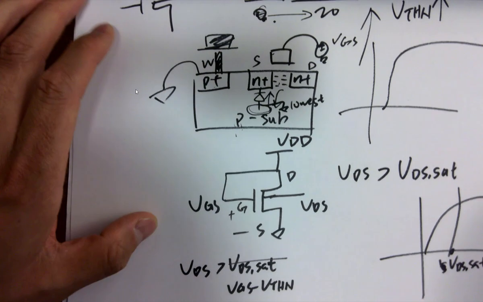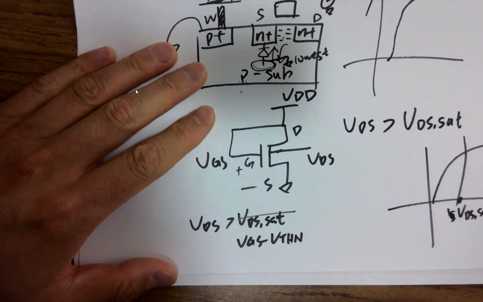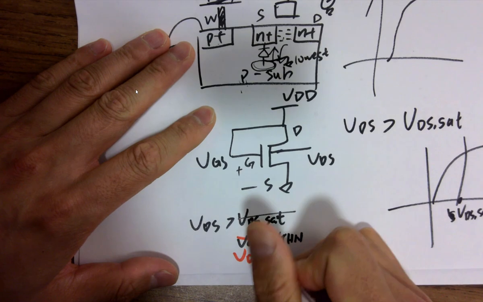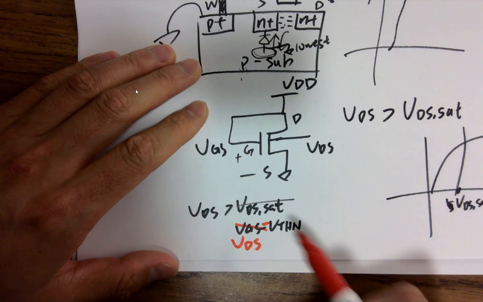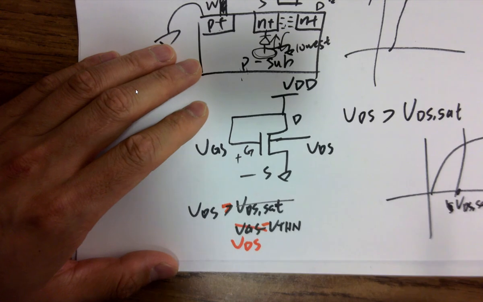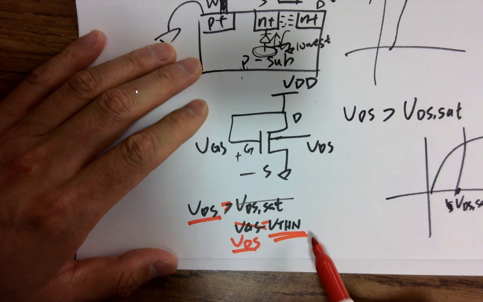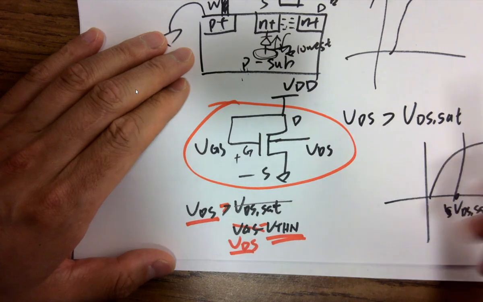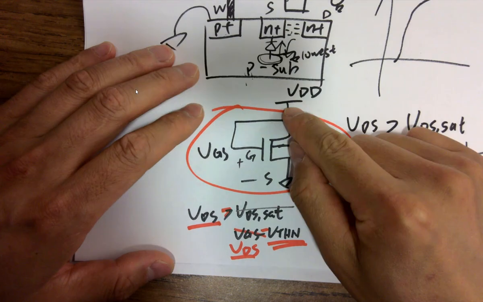In order to operate in saturation region, and since VDS equals VGS, if you replace this with VDS, this will be permanently working because VDS is always larger than VDS minus a positive number, and that's why this configuration will always operate in the saturation region if there's nothing else being added to the top.